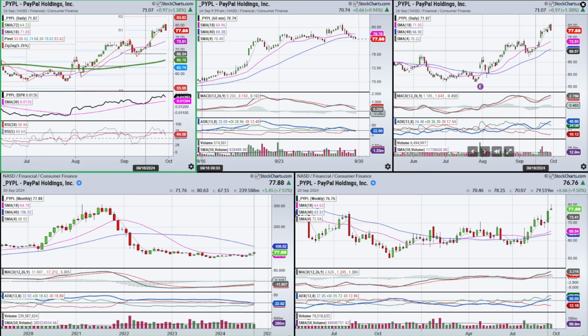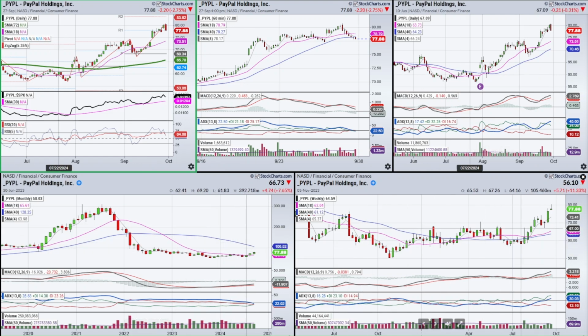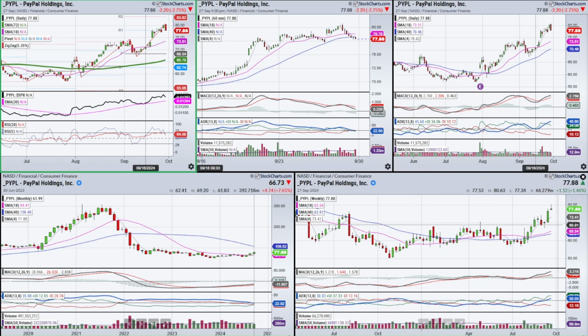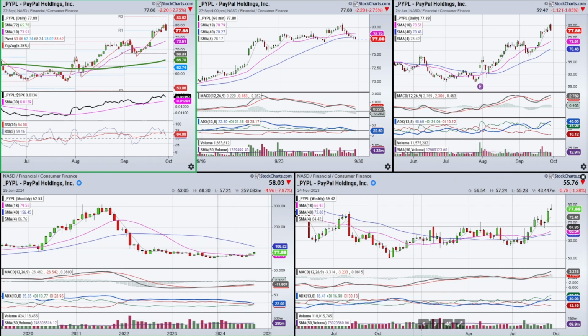But depending on how much I like the longer term time frame, the monthly and the weekly, and how long of a base it's formed and how much upside potential there is, I might actually take the risk off of the weekly chart rather than the daily chart. You're welcome to do it either way. This is a personal preference. I'm not trying to tell you one way or another. But what I will say is that you take the first signal that comes your way. This ensures you that you don't miss the trade.